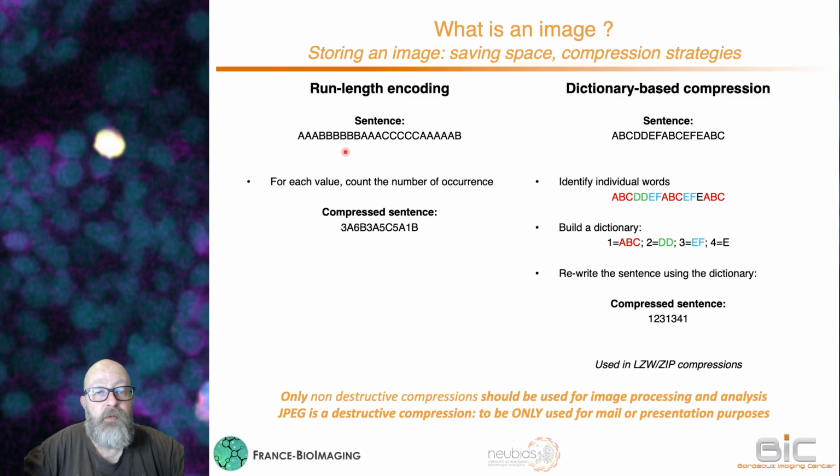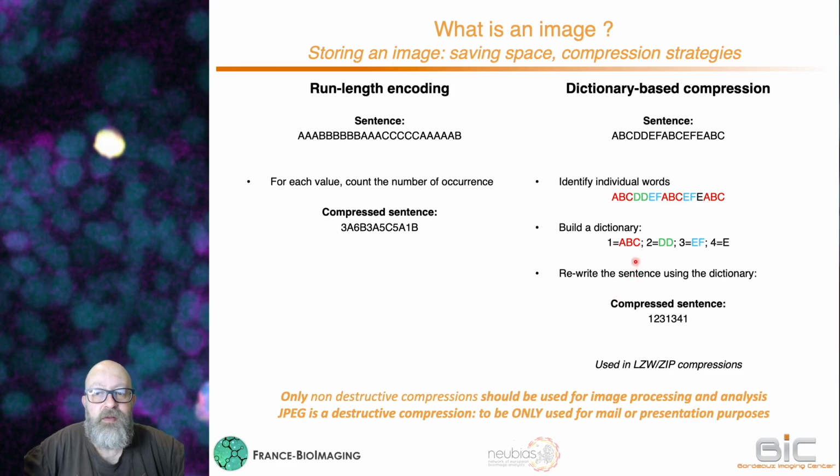And so coming from the top and going to the compressed sentence, you may now go back without losing any information. It's easy, so you've been compressing and you haven't been losing any kind of information, which is important. This is why this kind of compression can be used when you want to do image analysis, whereas JPEG is always a bit touchy because you're losing part of the details and part of the information.